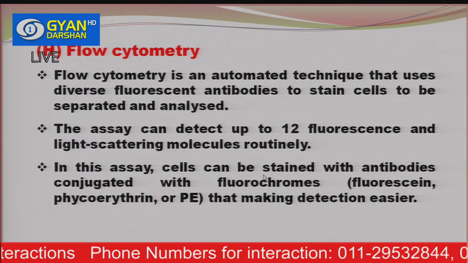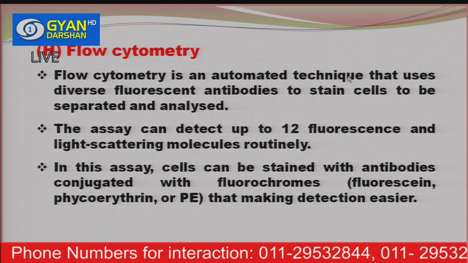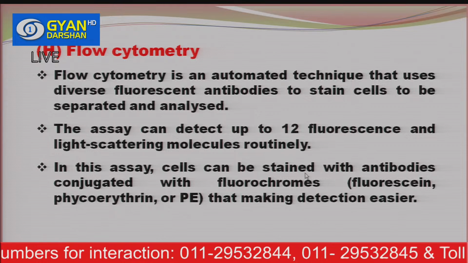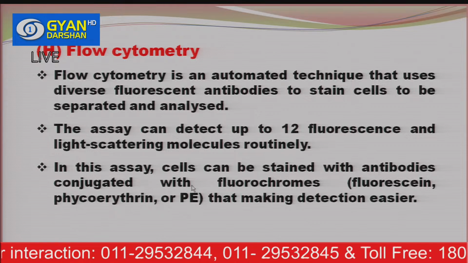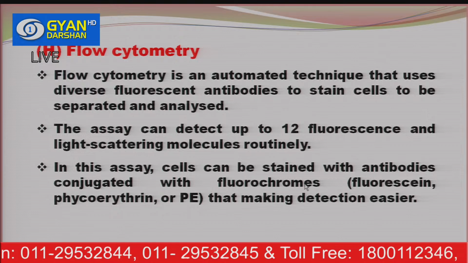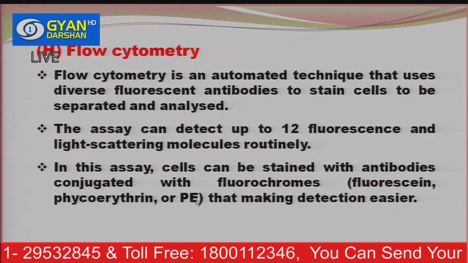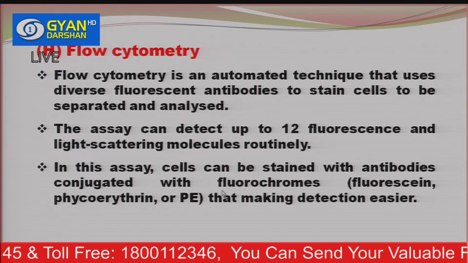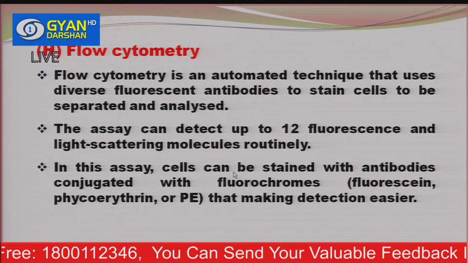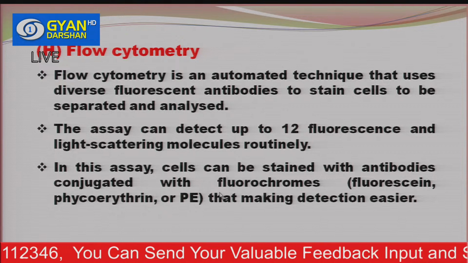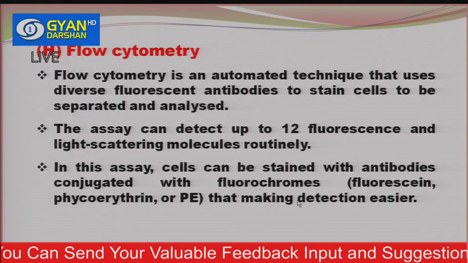In this assay, cells can be stained with antibodies conjugated with particular fluorochromes like fluorescein, phycoerythrin, or a number of other fluorochrome molecules. We can utilize these and that makes detection easier.